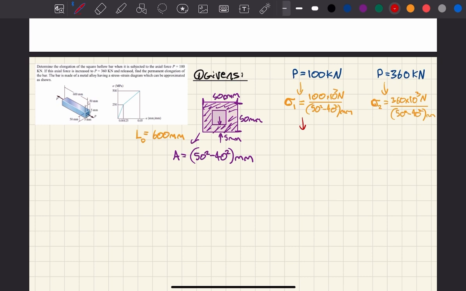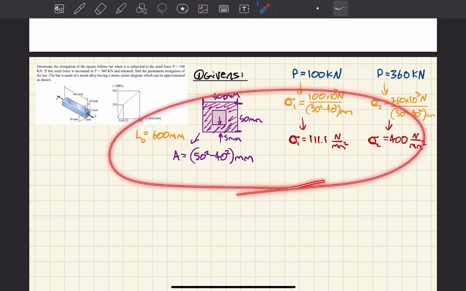Basically you're going to get that sigma 1 is equal to 111.1 newtons per millimeter squared, which is basically megapascals. And you're going to get that sigma 2 is equal to 400 megapascals, or newtons per millimeter squared.